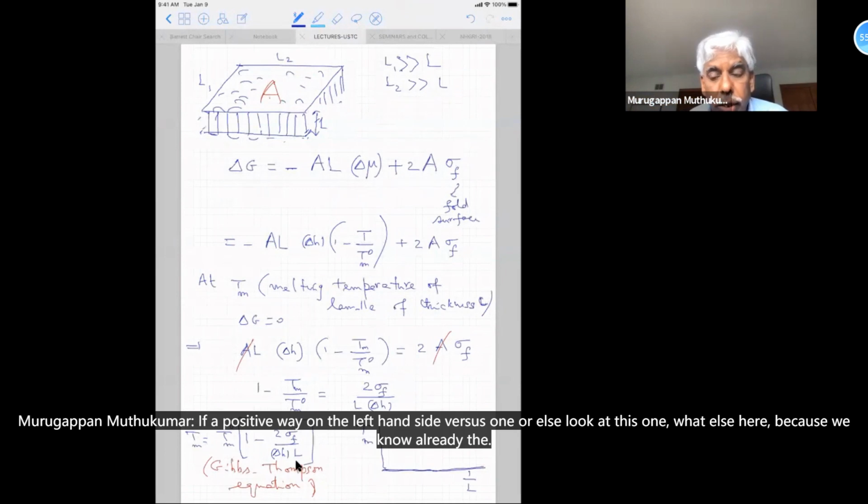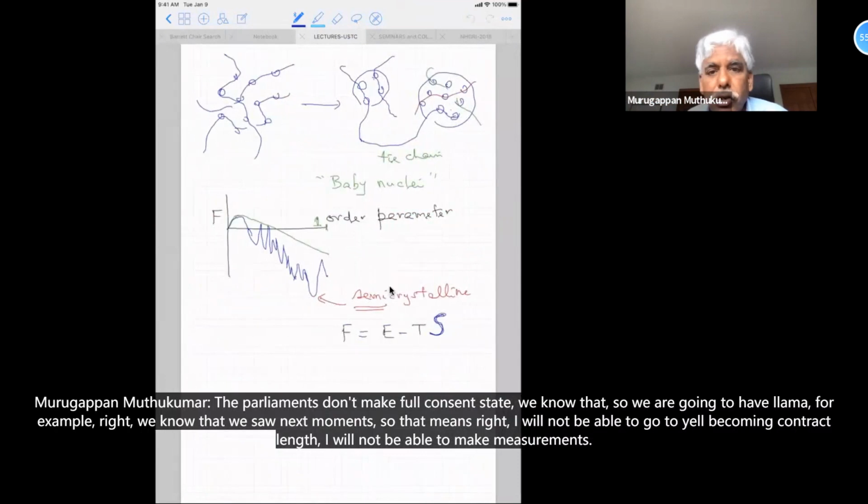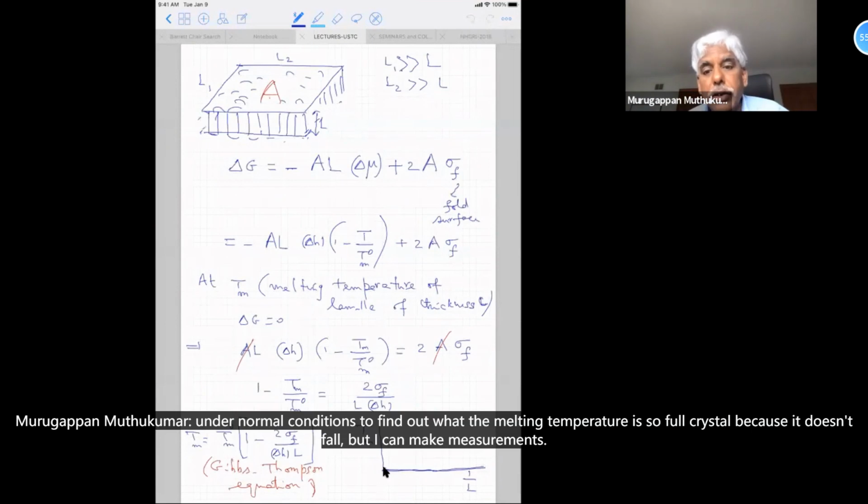Because we know already the polymers don't make a fully crystalline state. We know that. So we are going to have lamella, for example. We saw that in experiments. So that means I will not be able to go to L becoming the contour length. I will not be able to make measurements under normal conditions to find out what the melting temperature is for a full crystal because it doesn't form.